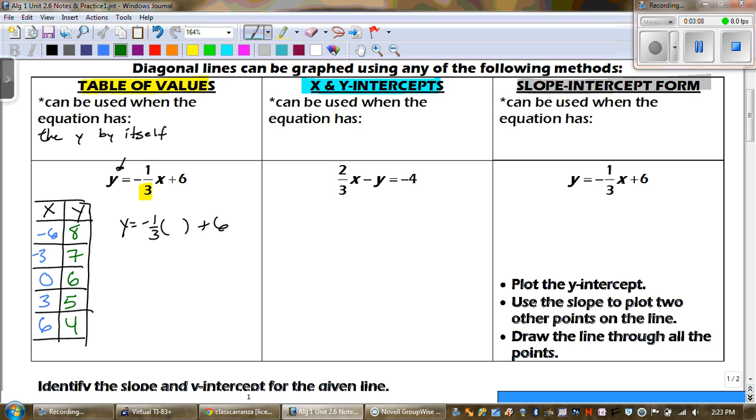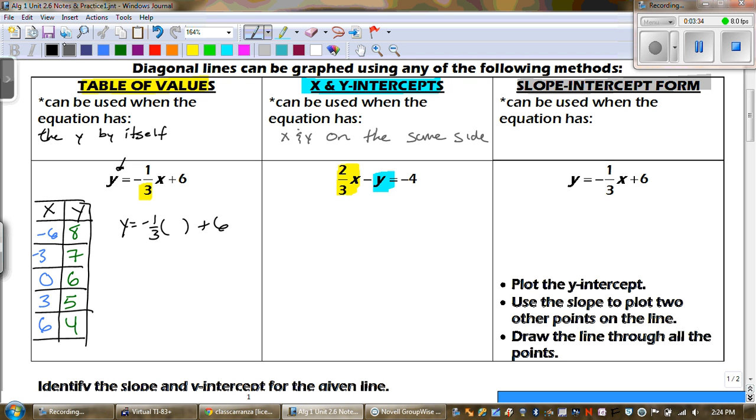All right, now, x and y-intercepts. When do we use x and y-intercepts? Well, we use that when the x and y are on the same side. Seeing our equation, here's your x and there's your y.